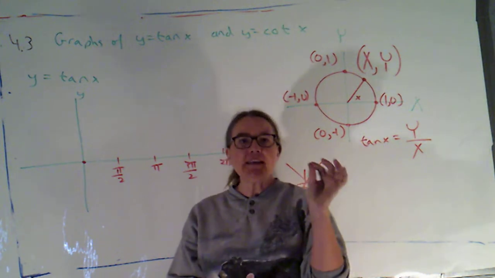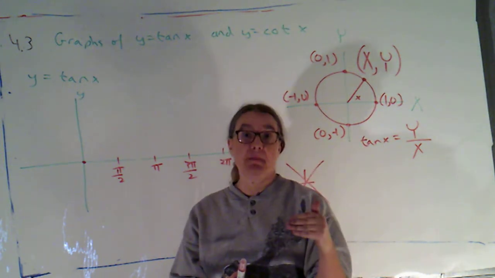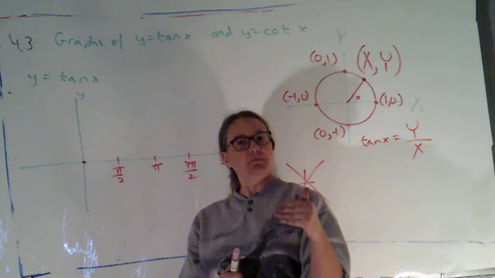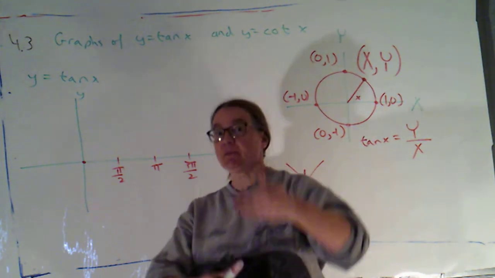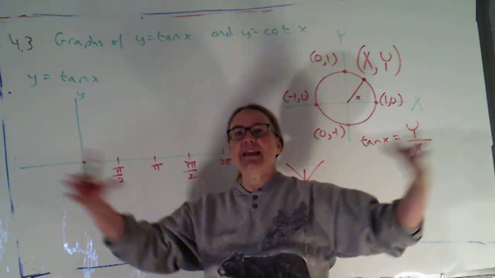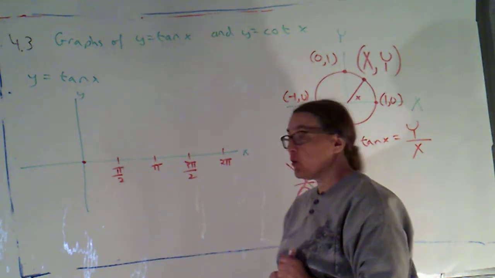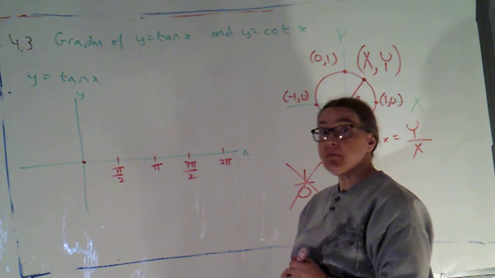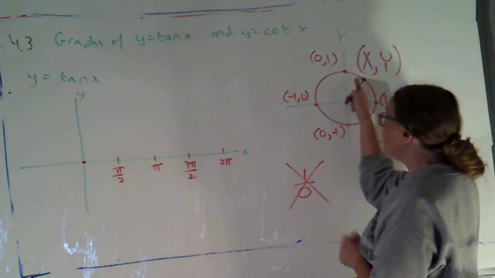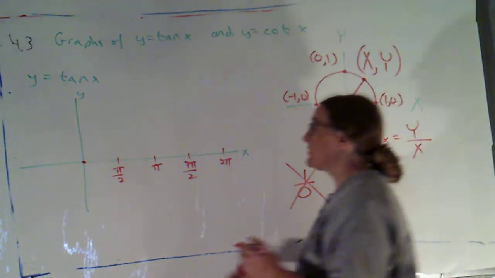Think of like 1 divided by 1/1,000,000th. Well, dividing by 1/1,000,000th is the same as multiplying by a million. So I'm going to get something big. So as we get closer and closer to pi over 2, tangent gets really, really big. Sometimes big and positive in quadrant 1, sometimes big and negative in quadrant 2.